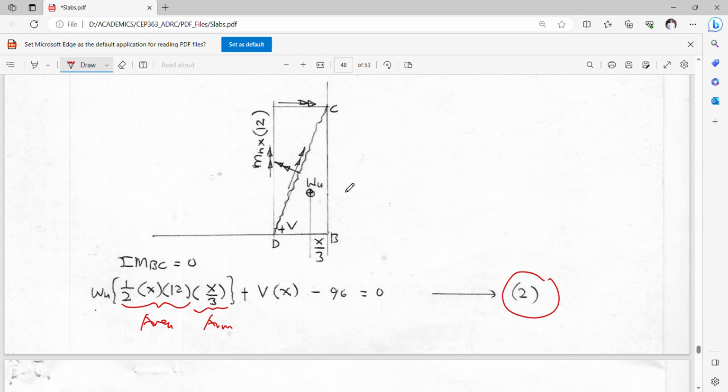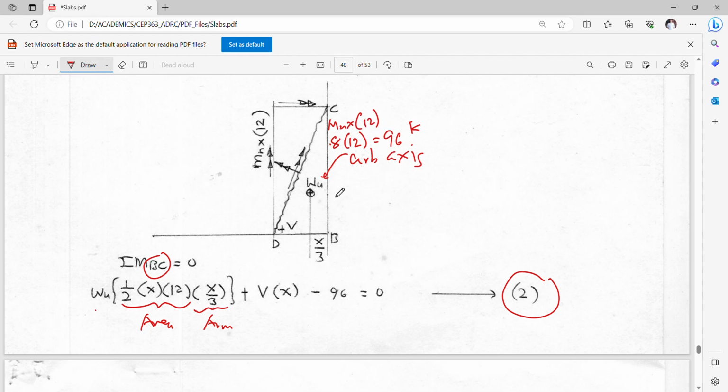I take this as my arbitrary axis of rotation, or moment, ABC. And then minus 96, we have here 8 times 12, which is x, in kip-feet, and this is m and x times 12.